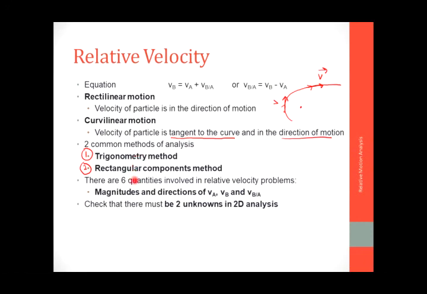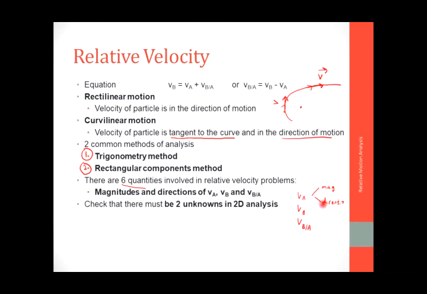And for relative velocity, there are 6 quantities involved. That is, we have VA, VB, and VB relative to A. For all these parameters, we have magnitude and direction.